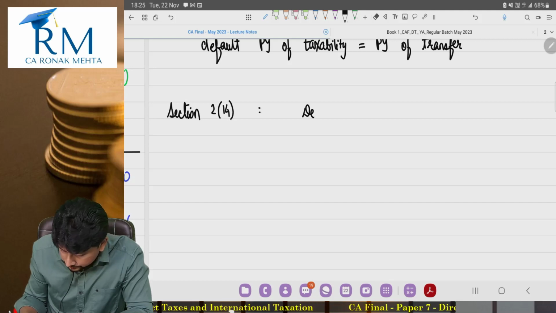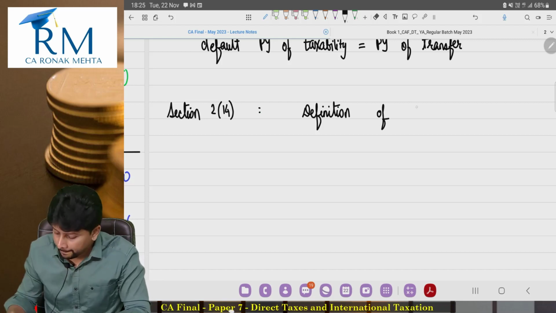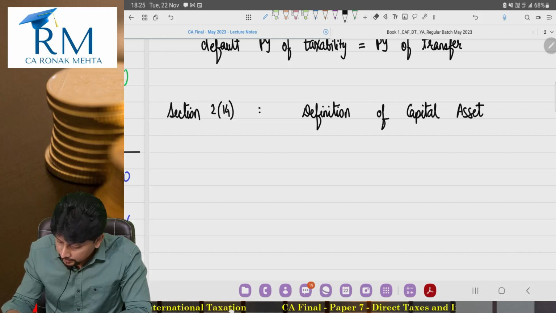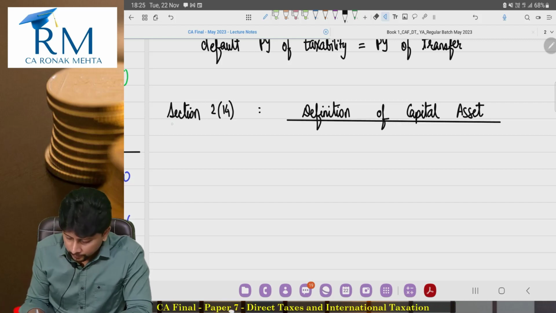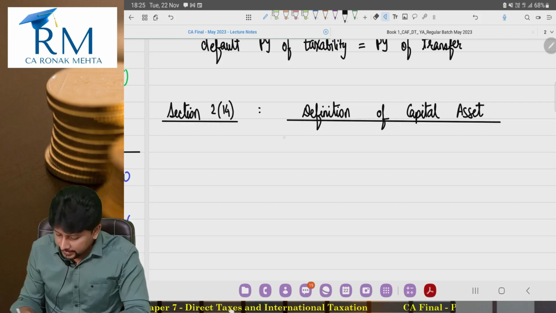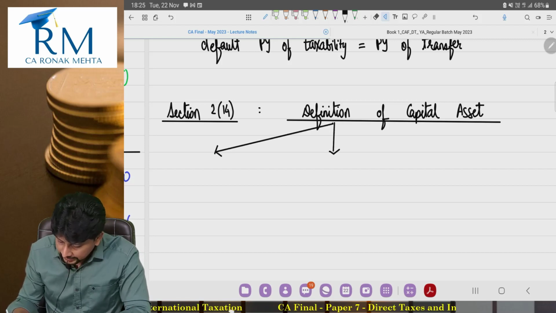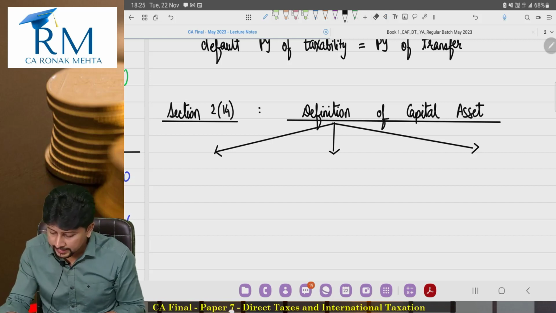Now see, last year, our previous year 22-23, in 21-22 there was a very important amendment in this definition of capital asset. The definition divides capital asset into three categories.